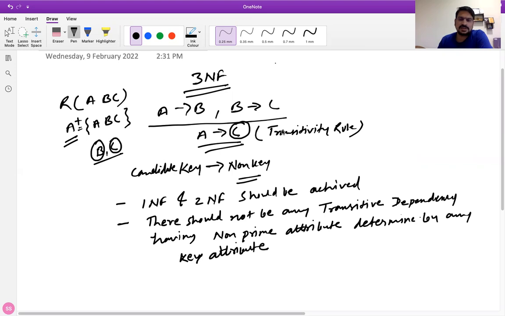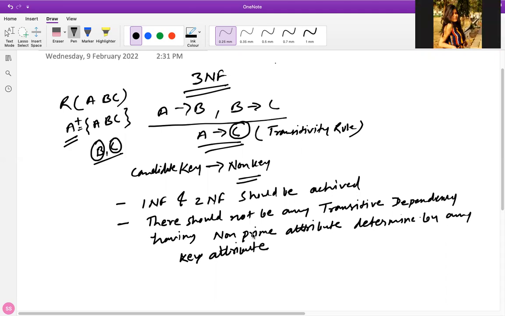If they are, and this non-key is determined by some key attribute, then there will be a problem in third normal form. So it says that there should not be any transitive dependency having a non-prime attribute determined by any key attribute. Do you understand?